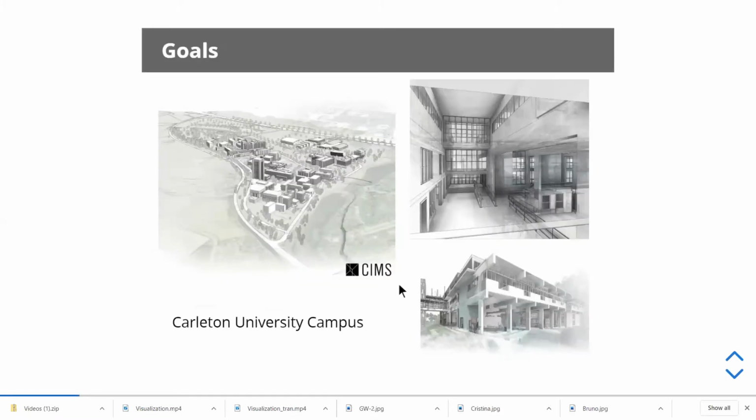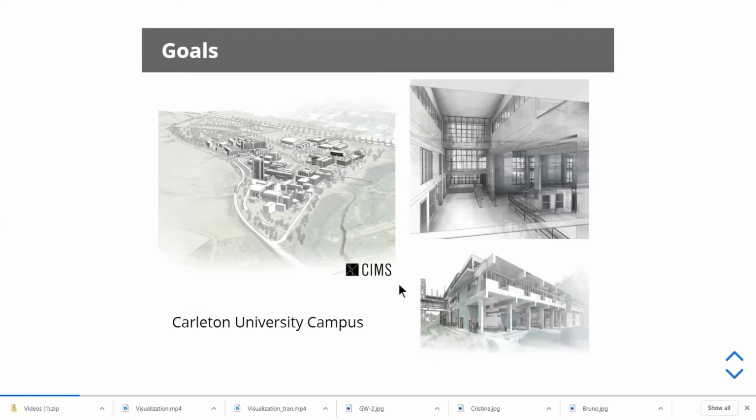So this is our big picture, because we're going to show you what we implemented, which is a small part of the big picture. We have large BIM models of Carleton University campus, and we are planning to make a digital twin of it. One of the issues we were having is extracting the BIM data and then adding real-time simulation information to it.